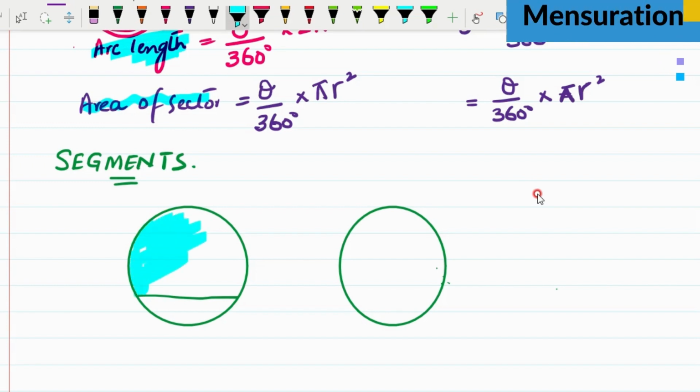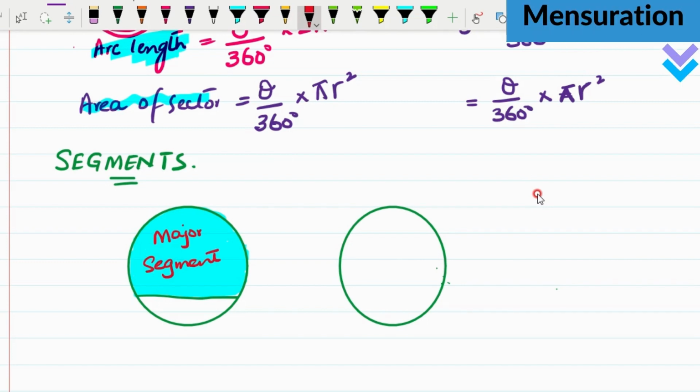Let me color it. That shaded part is showing you our requirement. Is it the major part or the minor part? Of course, this part is the major part, so you can say this segment is a major segment. Right?